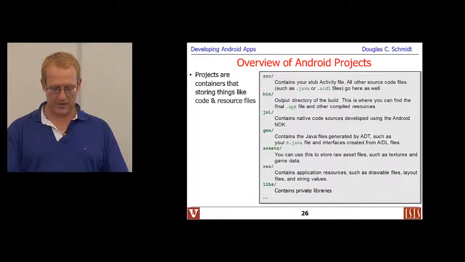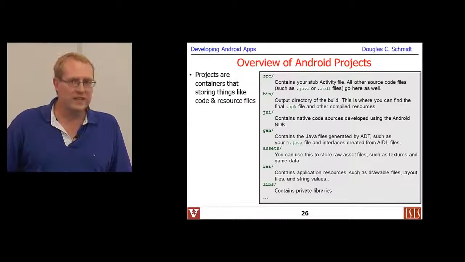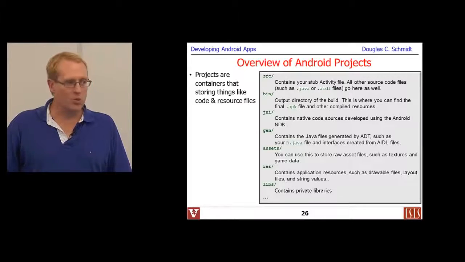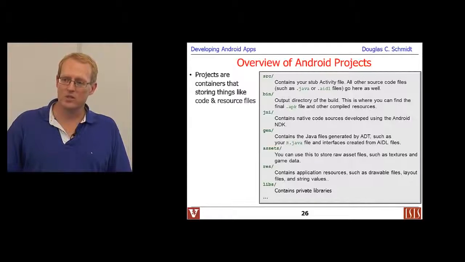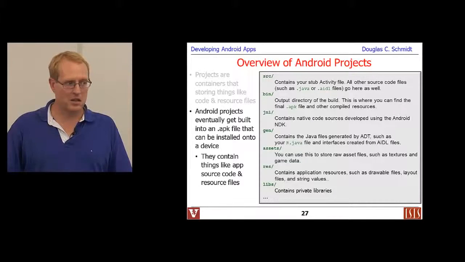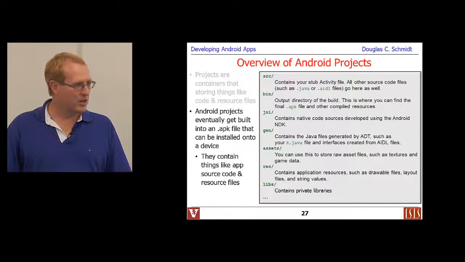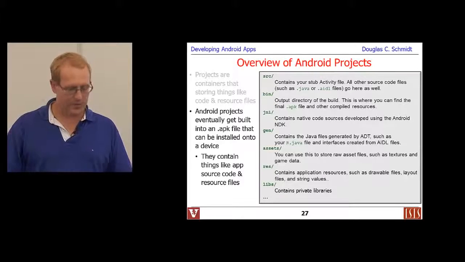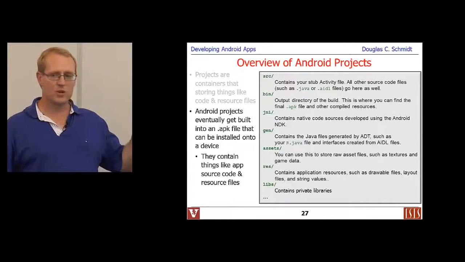All right. So what is a project? A project is basically a container where you store a bunch of stuff. You store code, or compiled code, and you store the resources that the code needs in order to be able to do its job. And as you'll see, there's a bunch of different things that exist commonly in a project by default. Now, these projects serve a couple purposes.